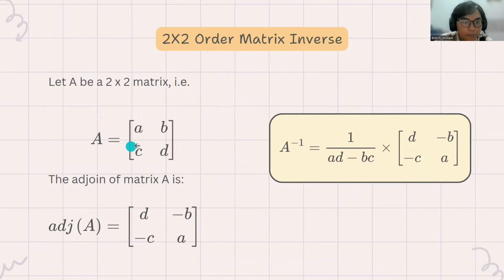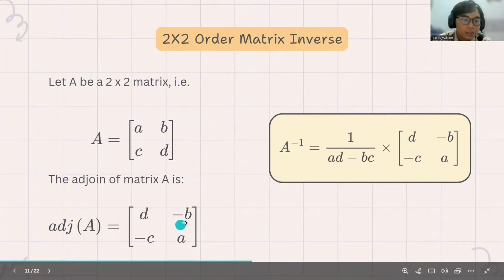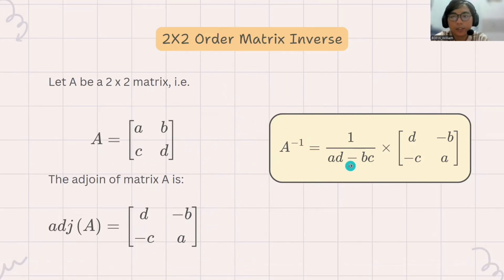This is A equals A, B, C, D. The adjoint of matrix A, adjoint A, equals D, minus B, minus C, A. This is the rule for the 2 multiplied by 2 order matrix inverse.